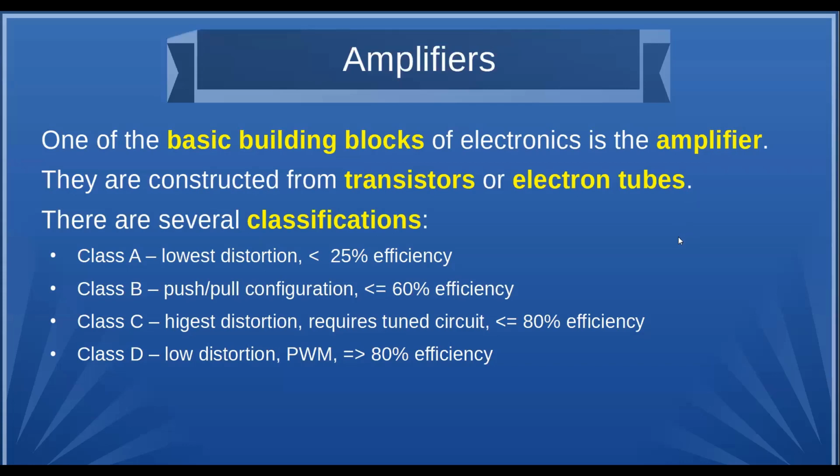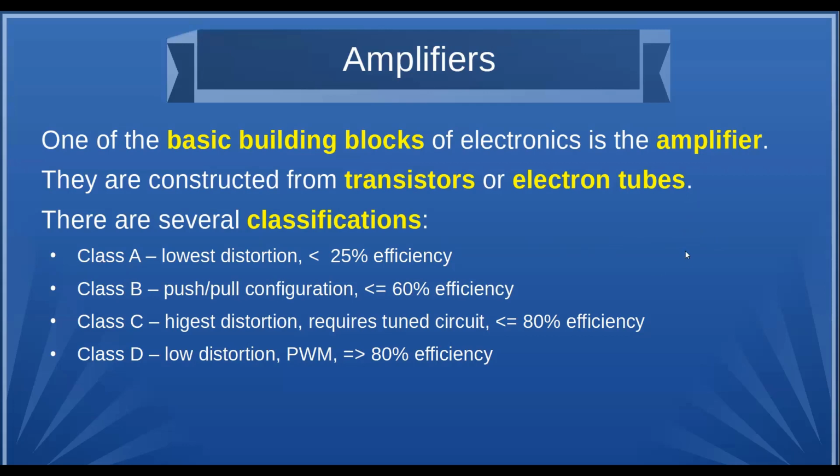Okay, so one of the basic building blocks that we need to build radios and transmitters and other electronic equipment is an amplifier. So we either use a transistor or a vacuum tube or electron tube, or a valve, as they call it in England. And there's essentially 4 classes of amplifiers.